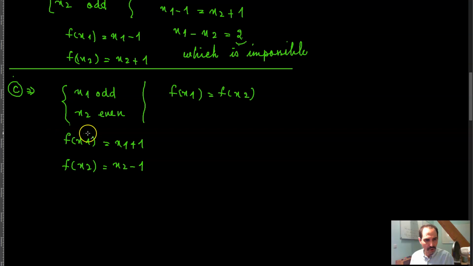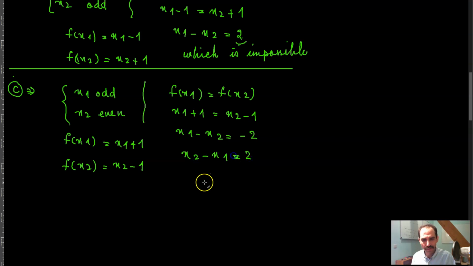Right? Which means that if f of x1 is equal to f of x2, then I can write x1 plus 1 is equal to x2 minus 1. And so, again, you can say that x1 minus x2 is equal to negative 2, or that x2 minus x1 is equal to positive 2.